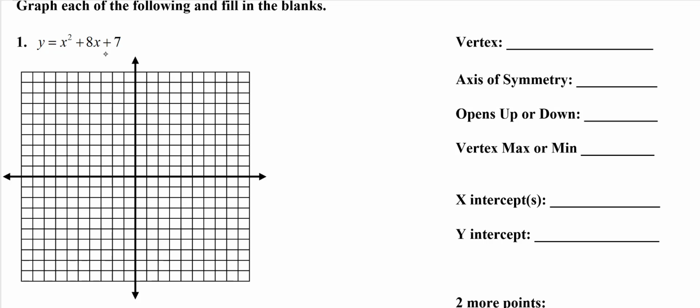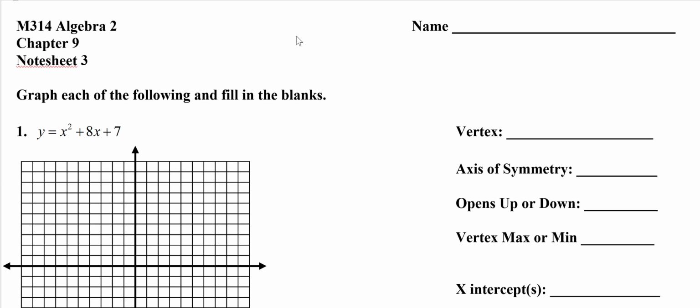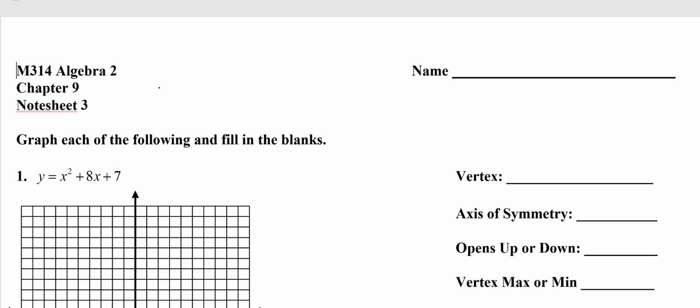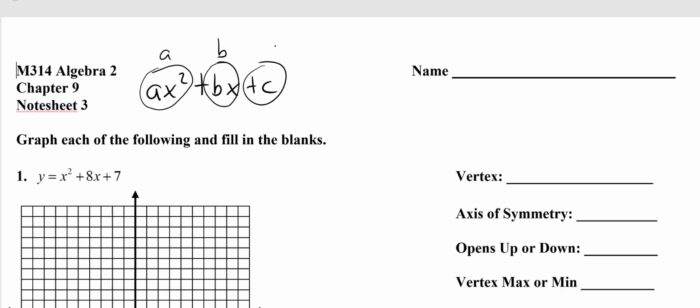You see how you have an x squared and plus 8x plus 7. Well, remember, let me write on the top of this. Remember you have your ax squared plus bx plus c. So the number in front of the x squared is your a, and the number in front of the x is your b, and the number all by itself is your c.